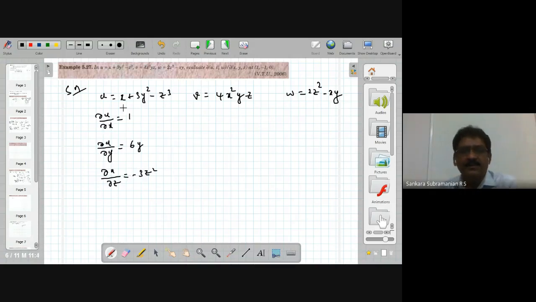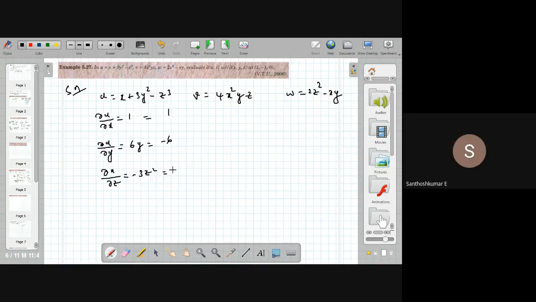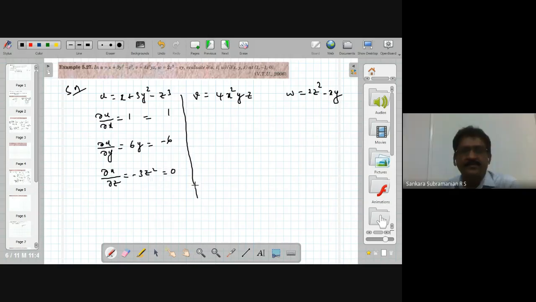If you substitute this point, this is constant, so you get 1. If y is there, replacing y equal to -1, you get -6. And if you put z equal to 0, you get 0. Sir, if I write the expression first and substitute later, it will be a bit heavy, so it is easy to substitute right here.